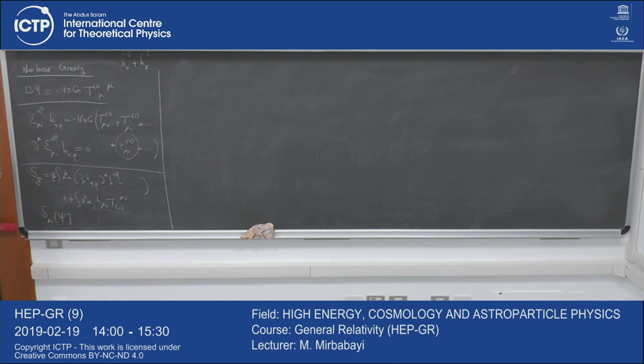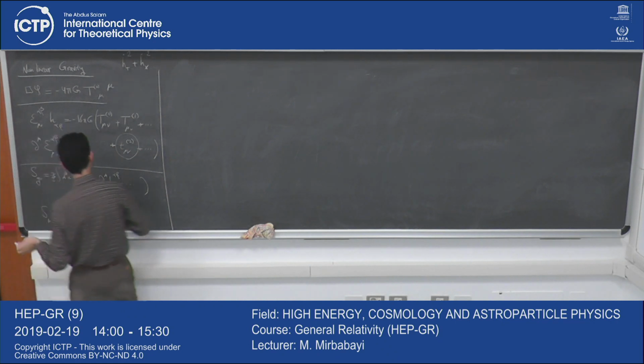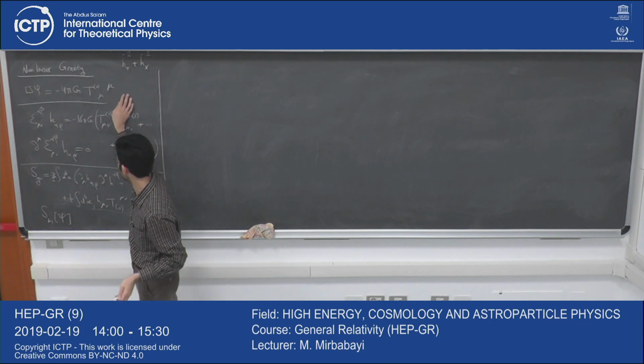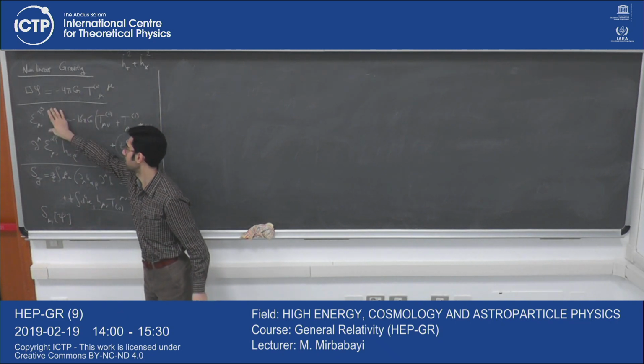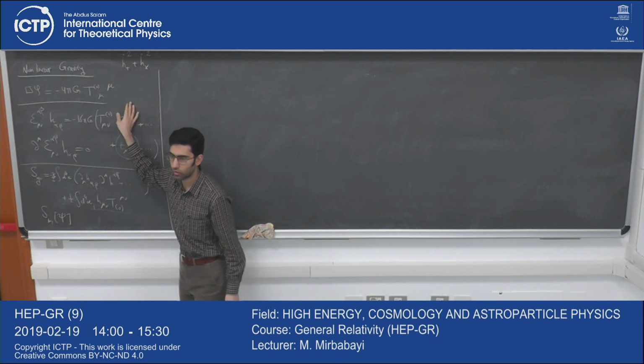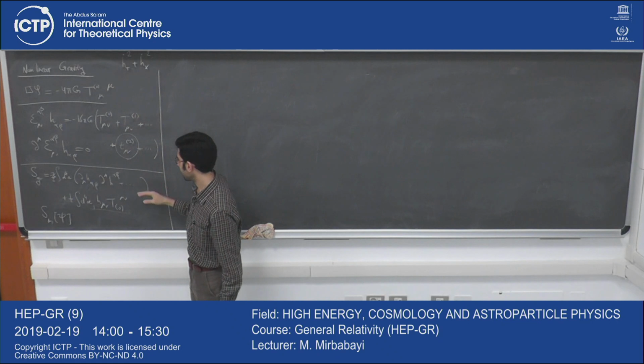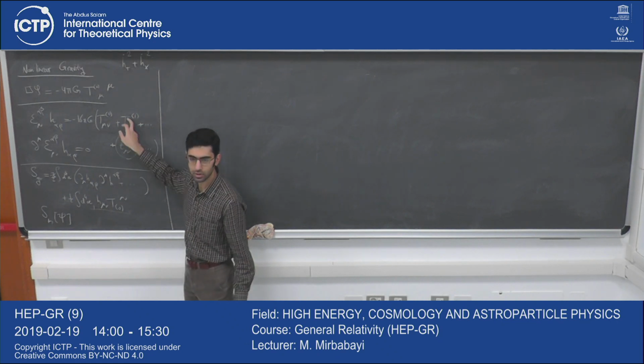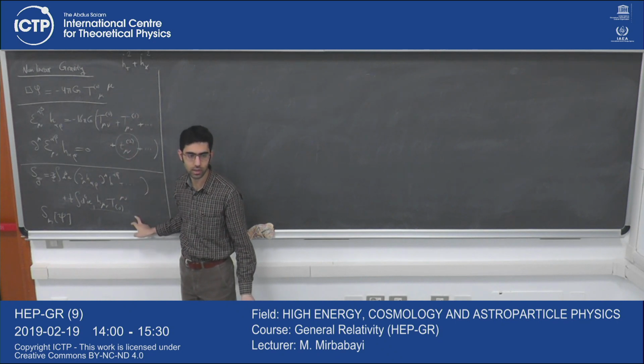which means that before I wrote an action whose variation with respect to h mu nu only gave me this part and this T0 mu nu part. Now if I want an action that reproduces also these two terms, I have to add new terms to this action.